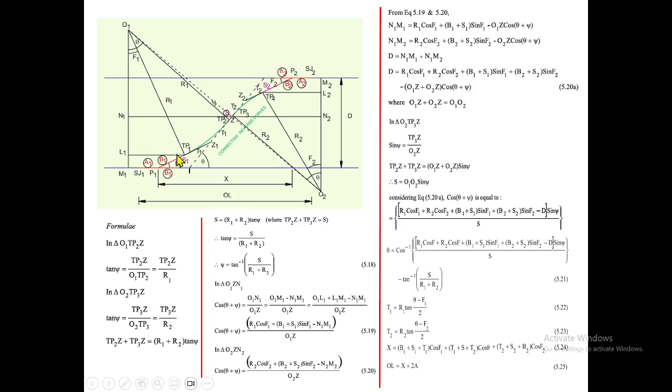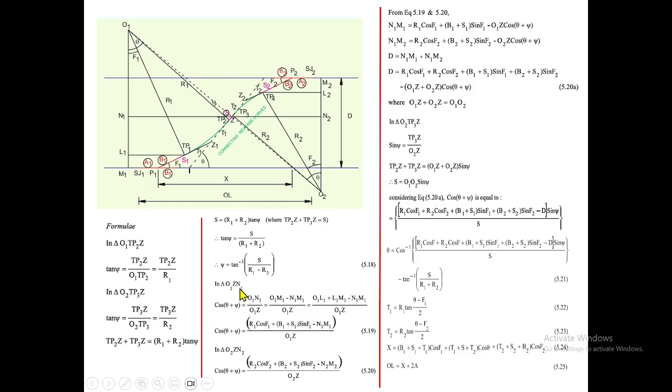Like that we take this triangle, this is F1, automatically this will be L1 M1 equal to, so what is this? This is so L1 M1 is B1, suppose S is there, B1 S1, this sin F1, okay. If S is there, S is not there, simply B1 sin F. Okay. So from this we are making this equation cos theta plus psi.